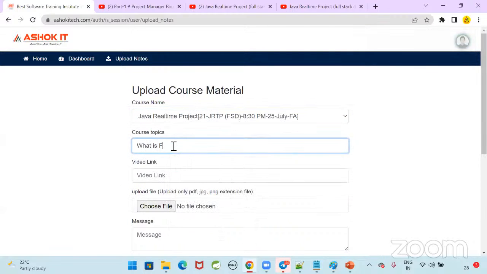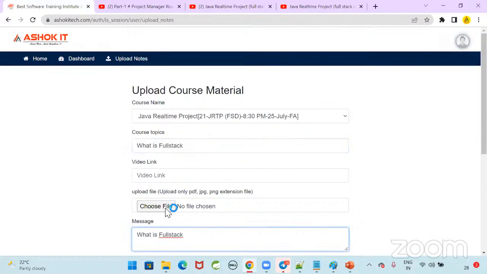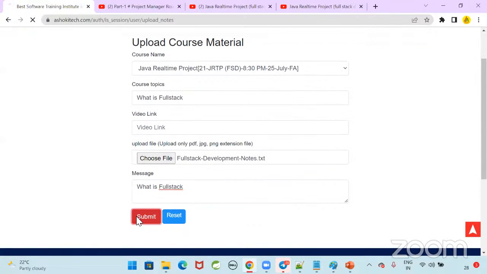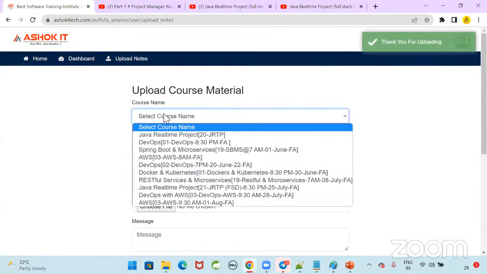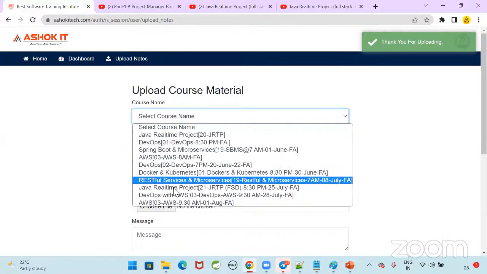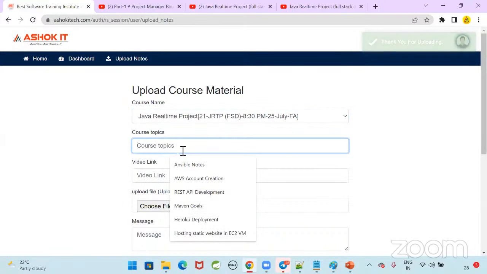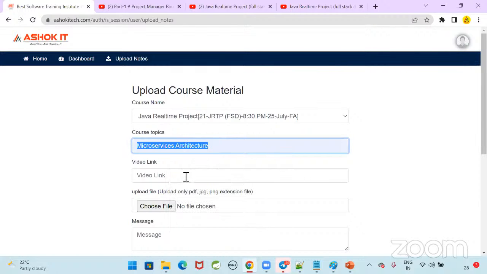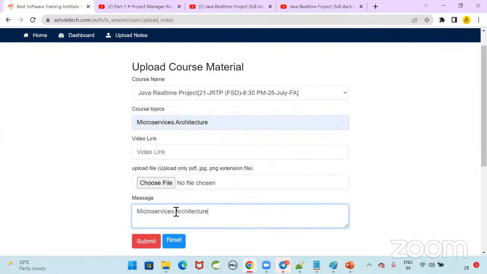What is full stack? I think 4 classes are completed now. What is full stack? This was the second session. Full stack development notes I have also uploaded. Next, for the third session yesterday, I have uploaded the microservices details and microservices architecture, which we discussed in the third session.